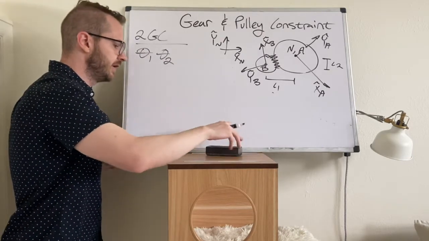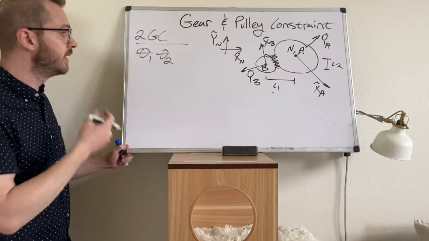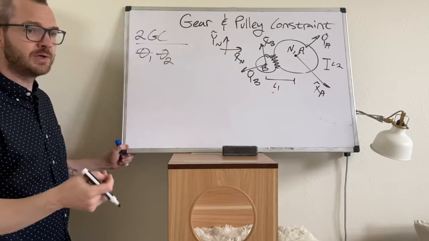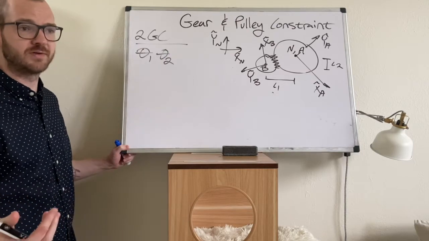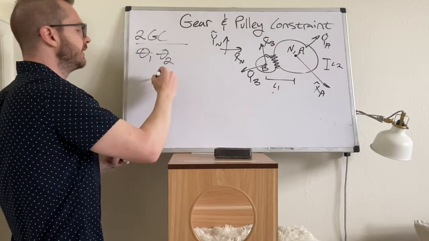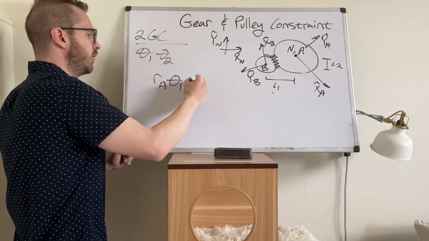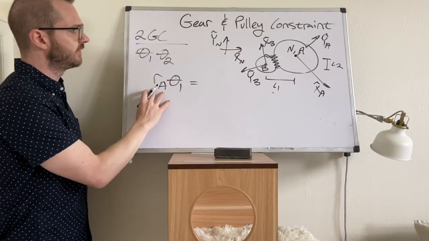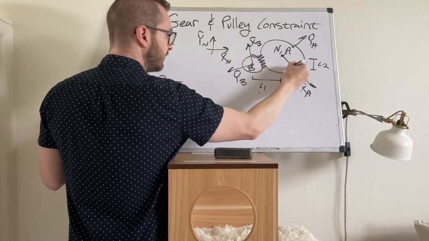Now, the constraint for gears is the gear ratio between the two, and there's actually 2 ways that you can write it. Pick one, and either one is acceptable. So the gear ratio is going to be RA theta 1. Now, this is the radius of A. So I'll just attach it here to the frame.